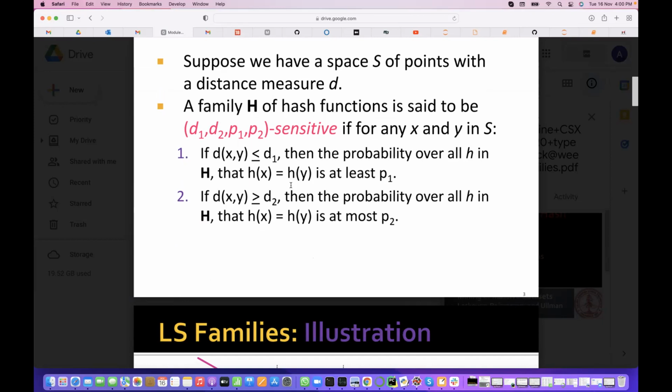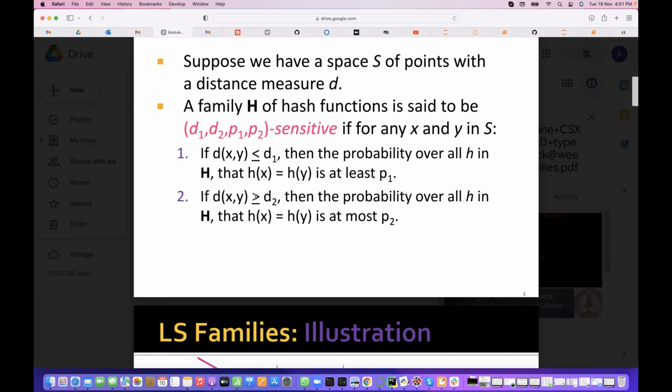So whenever you get distance less than or equal to D1, for all such pairs, your hash function should give the same value with probability P1. Though distance is small, what is the probability that they differ? 1 minus P1.